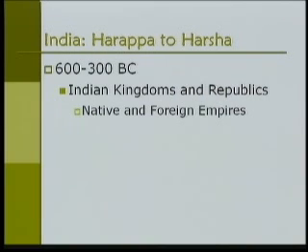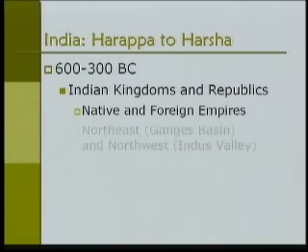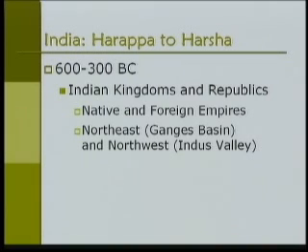So you see the rise of native kingdoms and the rise of foreign republics in India. The kingdoms rose in the northeastern region of India, the Ganges region, and the foreign republics rose in northwestern India, the Indus Valley, basically modern-day Pakistan and the northeastern part of Afghanistan.